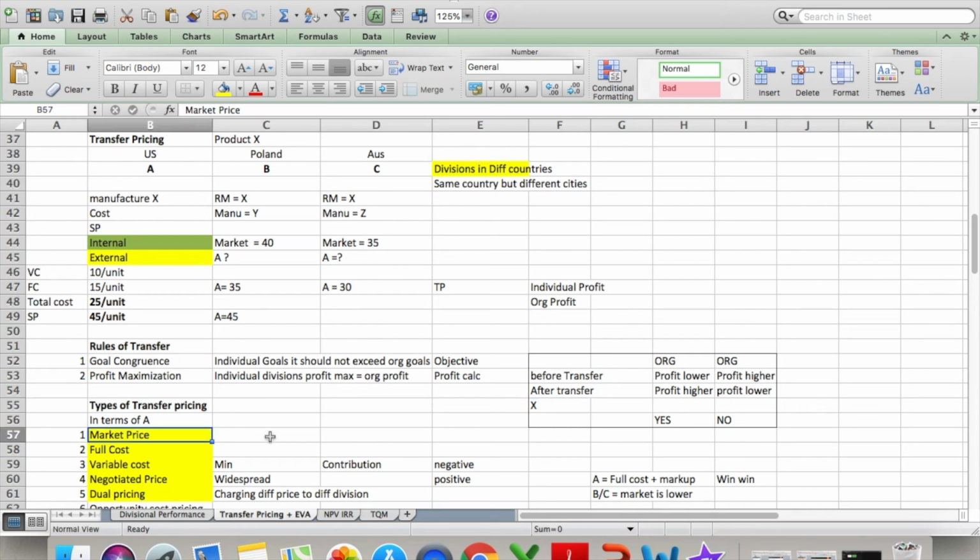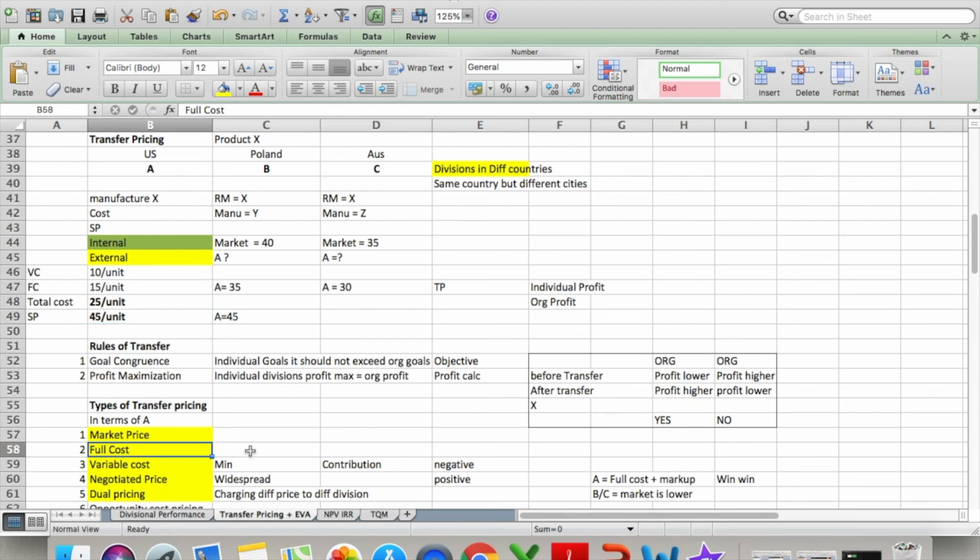So if we see, the market price is not a very good transfer pricing, because in this case usually B and C would be at a loss if they have a lower market price as compared to A's market price. But if B's market price and C's market price is greater than the selling price of A, then market price can be a better option.